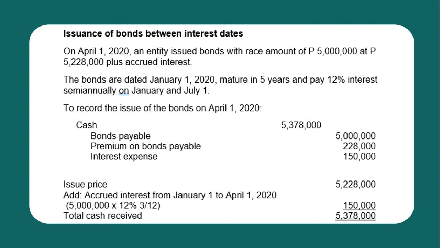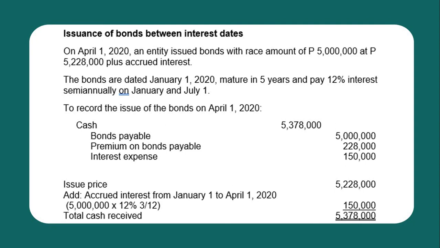On the issuance date, aside from the issue price, the issuing entity will also receive accrued interest. The accrued interest received will cover the period from the previous interest date until the issuance date. Say, for example, the last interest date was January 1.